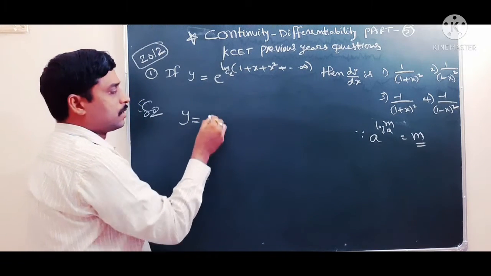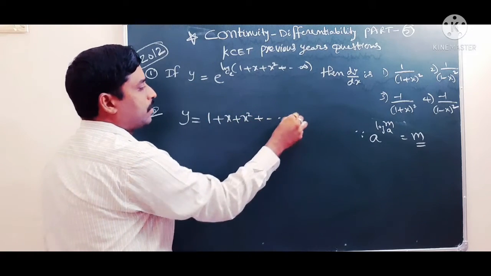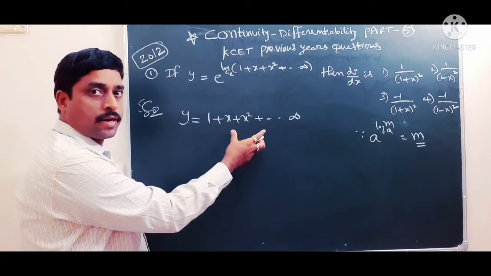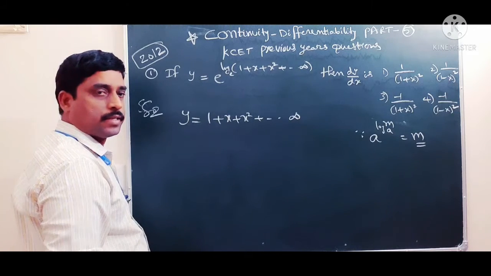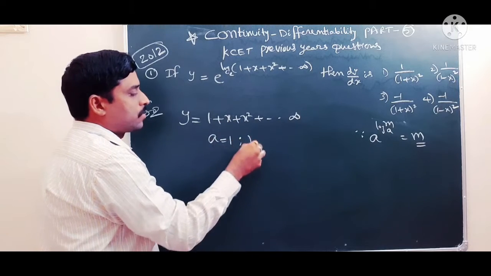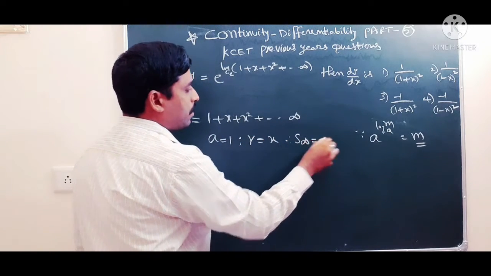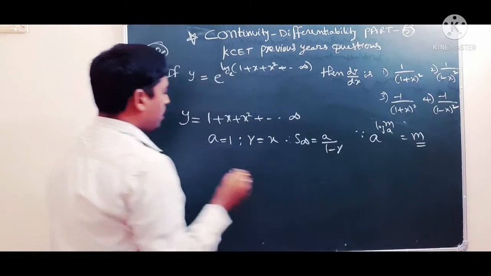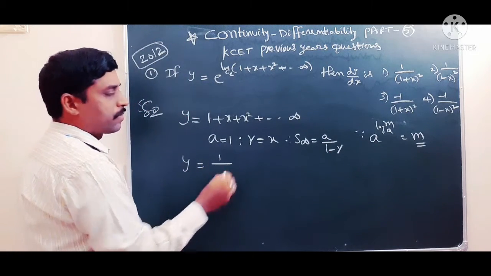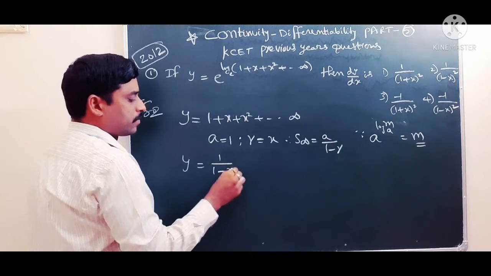This can be written as 1 plus x plus x square plus up to infinity. This is infinite GP. In this, first term is 1, common ratio is x. The formula is S infinity equal to a by 1 minus r. So y is equal to 1 by 1 minus x.